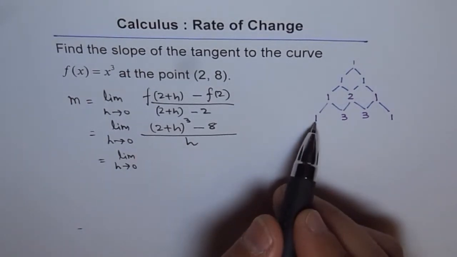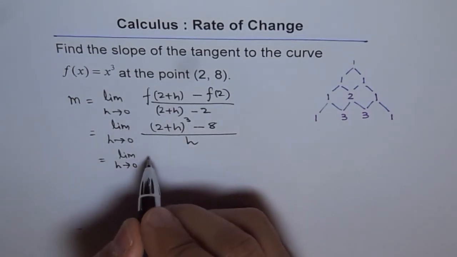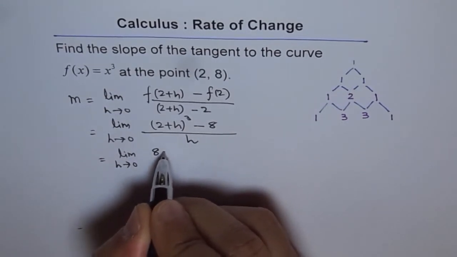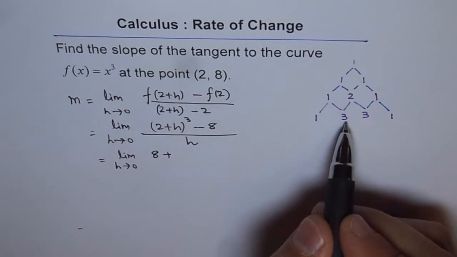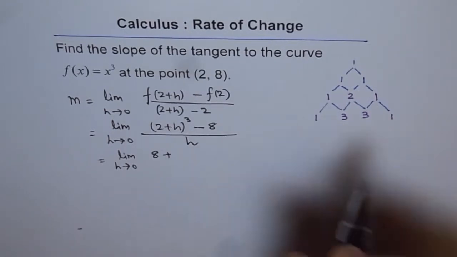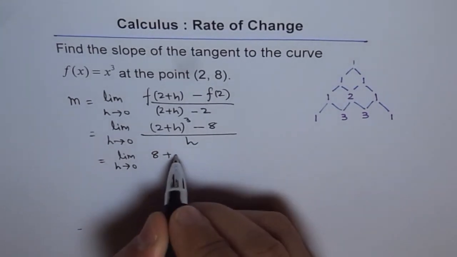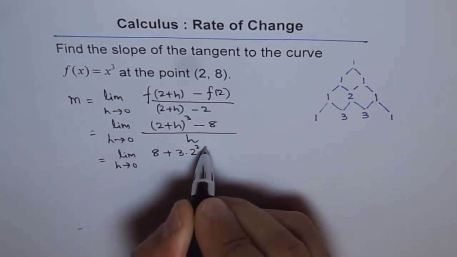So the first term coefficient is 1, so 1 times 2 cubed. 2 cubed is 8, so I'm writing 8 straight away, right? So 8 plus, the second coefficient is 3, so 3 times 2 squared times h, correct?